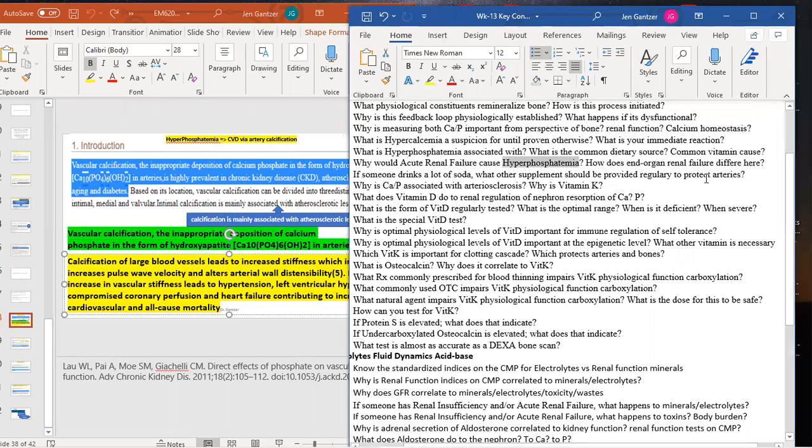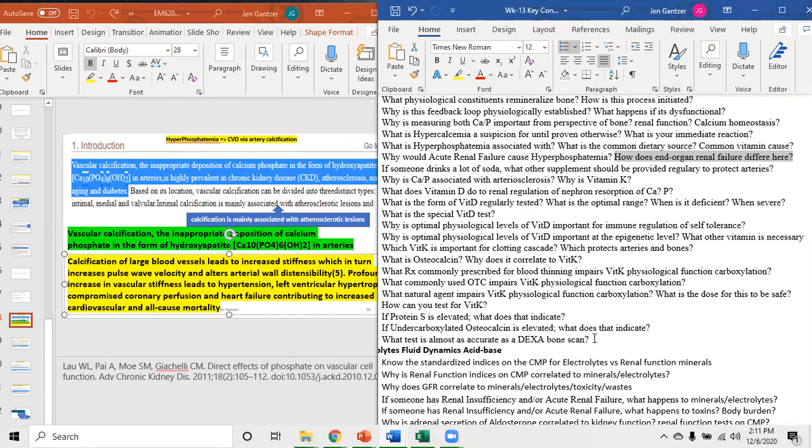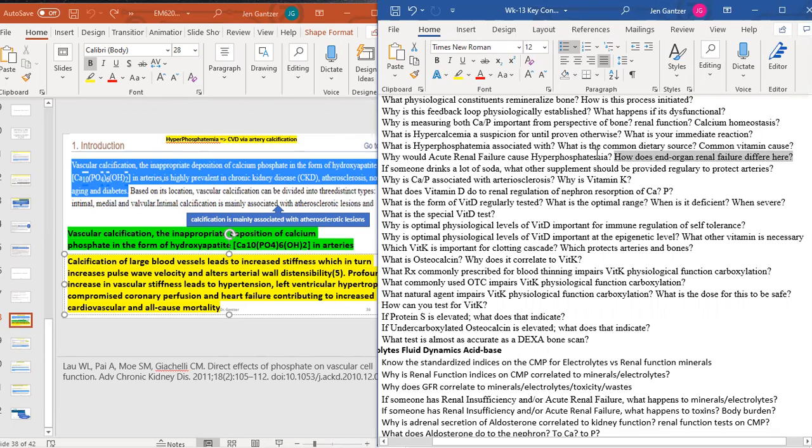And then how does end organ renal failure differ? That person is on dialysis, and they cannot form filtrate, and they cannot concentrate urine. So they are at a high risk of having imbalances, especially if they're not on dialysis and they're already in end organ renal failure. Remember, that's stage 5.